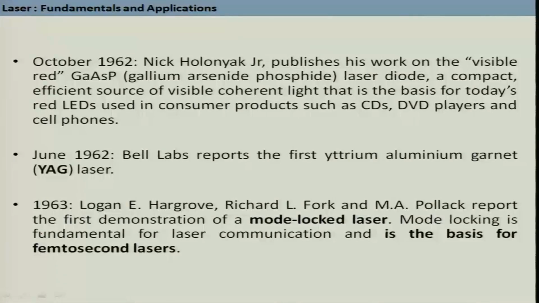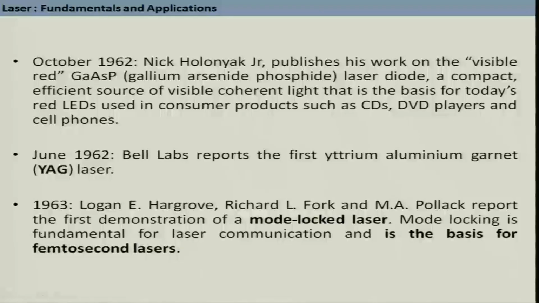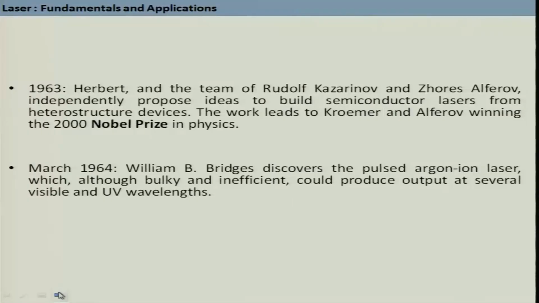One of the lasers that finds wide applicability is yttrium aluminum garnet, or in short YAG laser. This YAG laser was first made in 1962 at Bell Labs. Ultrafast lasers found a boost when the mode locking technique was built.